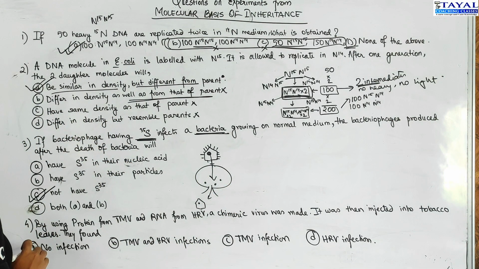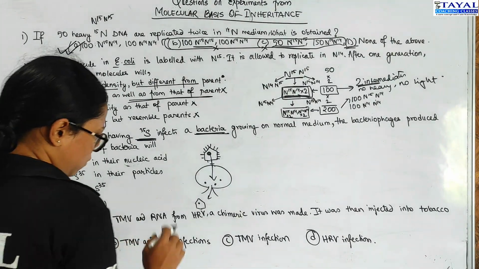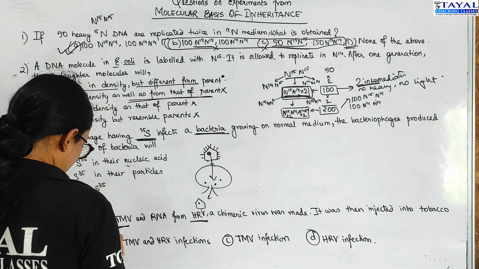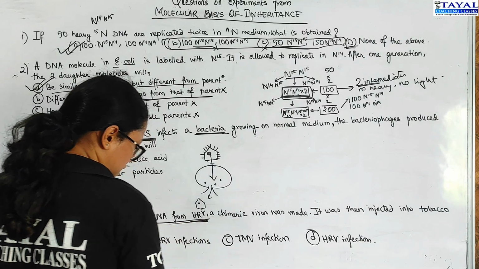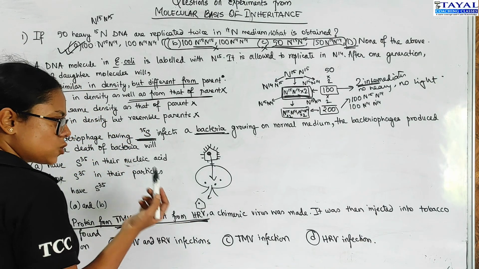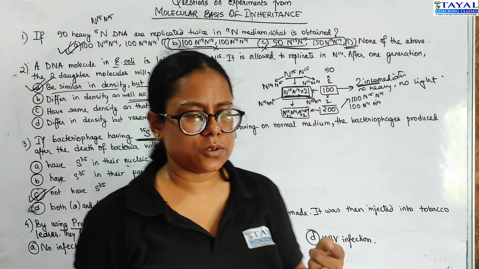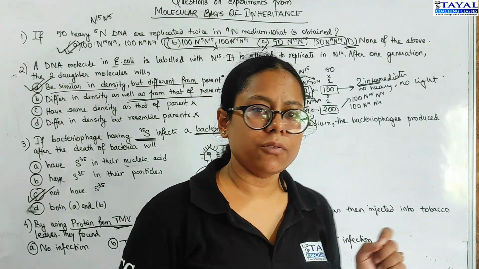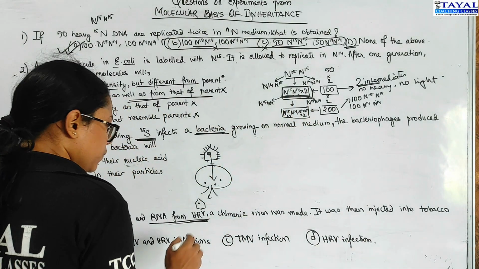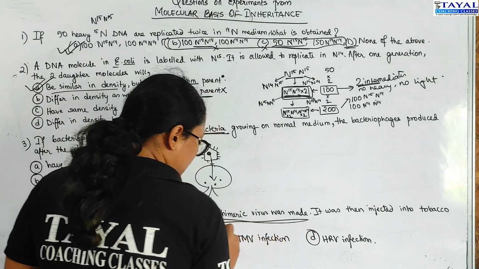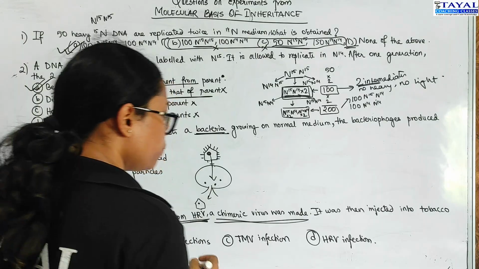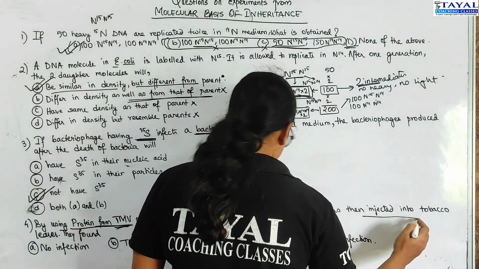Moving on to the last one. By using protein from TMV and RNA from HRV. Okay, TMV is tobacco mosaic virus. HRV is also another virus which causes leaf rot in plants. A chimeric virus was made. Chimeric means a hybrid virus made by combining both, we can call it chimeric. It was injected into tobacco leaves.